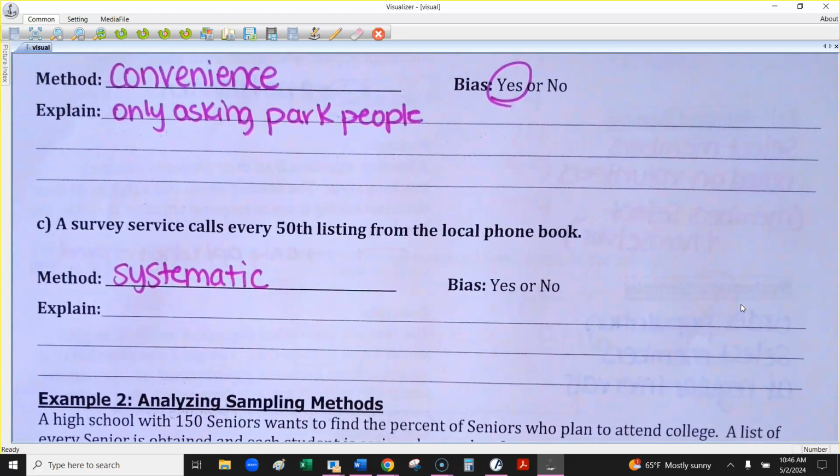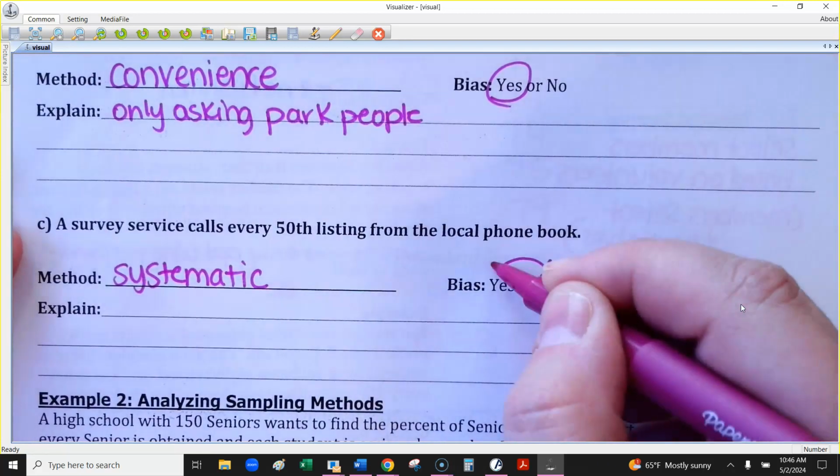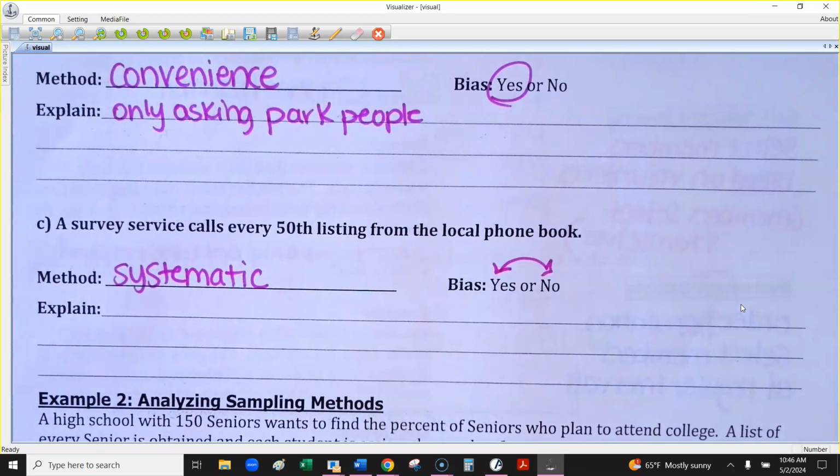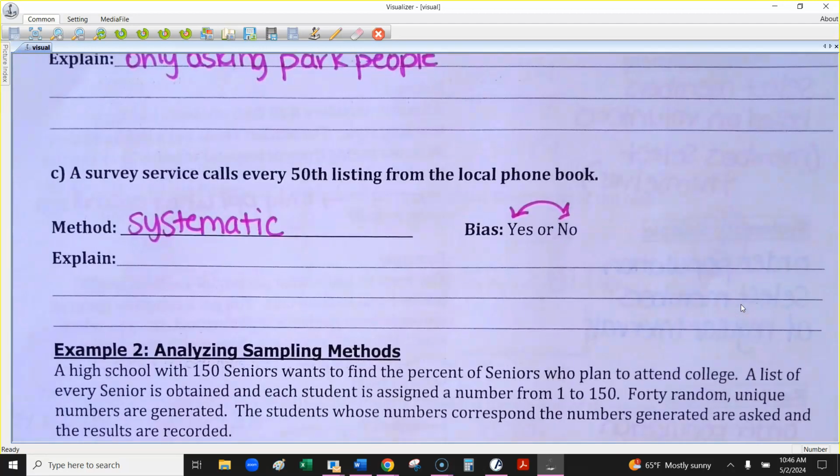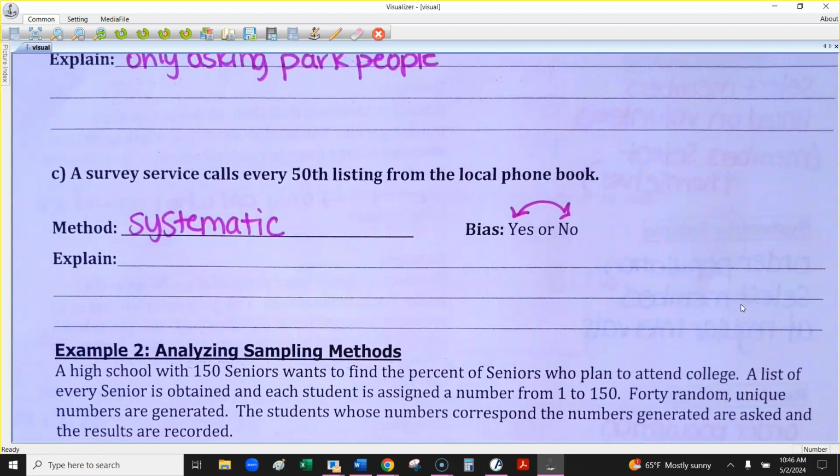Now, this is an interesting one. Do you guys think this is biased or not? Now, let me argue. How could I argue that this would be biased? What do you think? Right, but who's not in the phone book? Yeah, if not everybody has a phone.